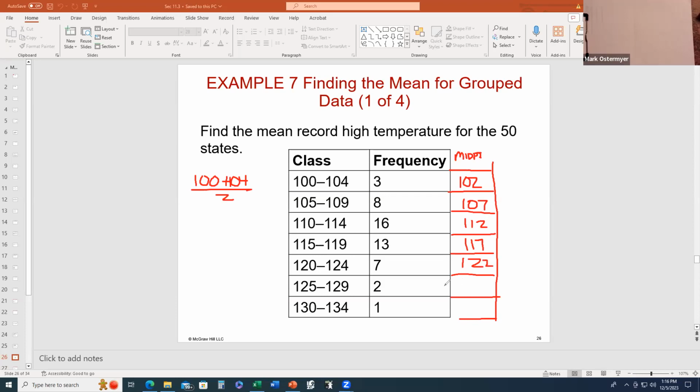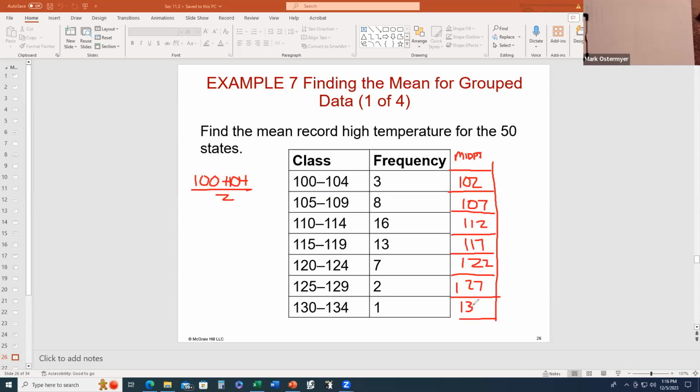What's the midpoint of 125 to 129? 9 plus 5 is 14, divided by 2 is 7, so 127. 130 plus 134 divided by 2 gives us 132.